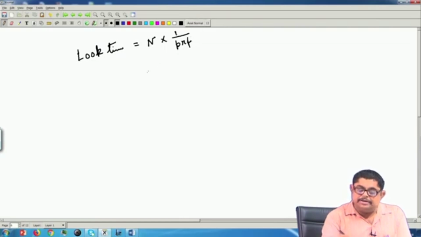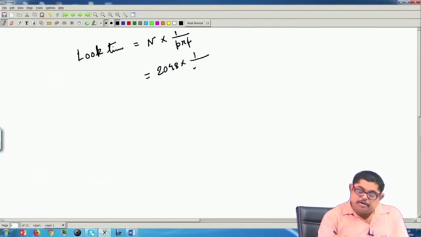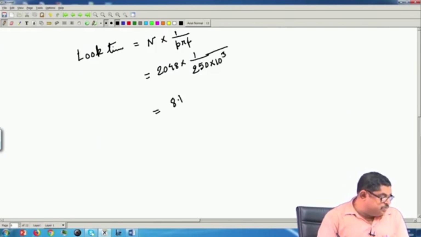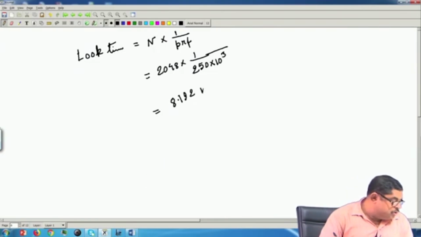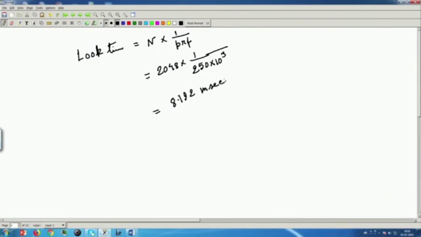So, for n pulses, this will be the time. So, this is 2048 into 1 by PRF, PRF is 250 kilohertz. So, if you do, it will be 8.192 millisecond. So, for this much time, the target is looked at.